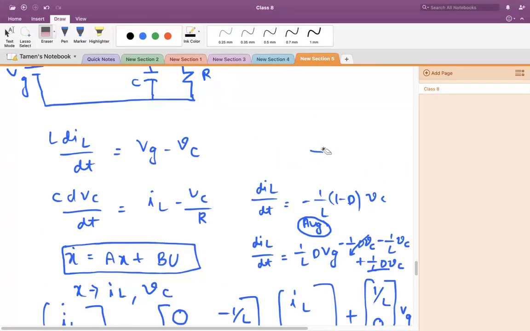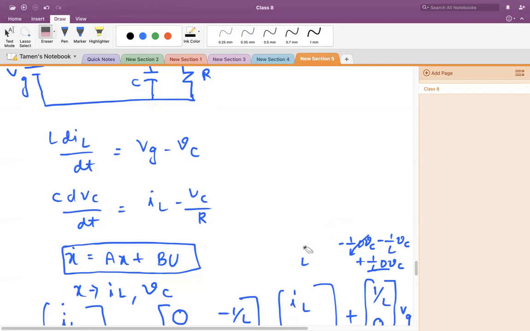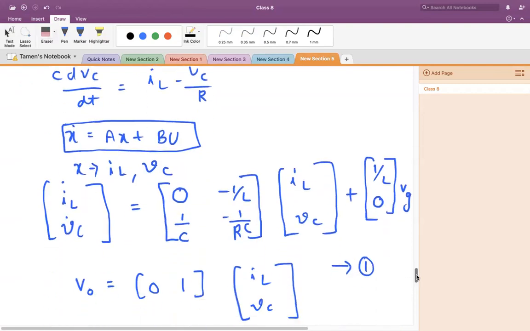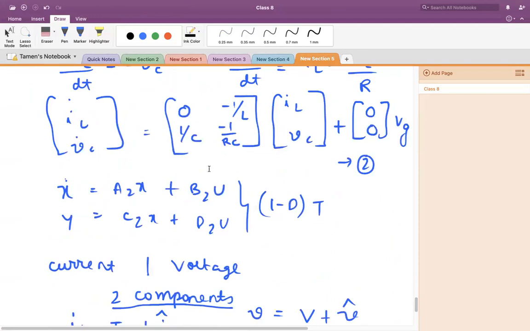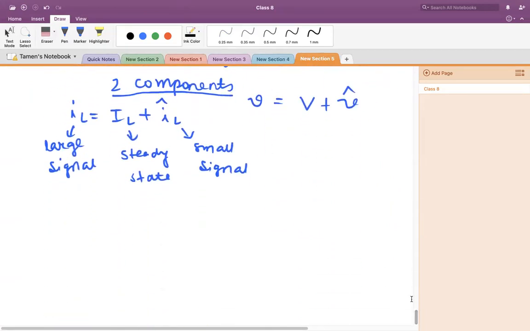So this part we have to put in the state space equation that we have derived just now. What are the two equations we have derived? This is the on part and this is the off part. Now both combined, we'll write in the averaged form.